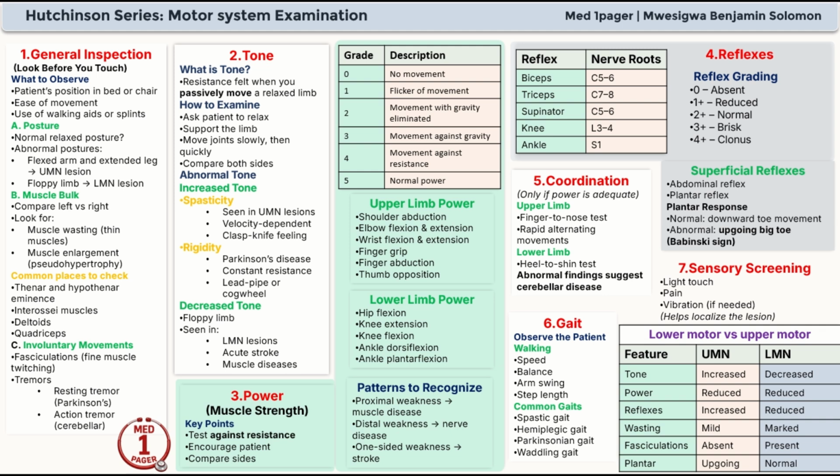This is because the motor exam is closely associated with the nervous system, and understanding the relationship between the upper motor neurons, the lower motor neurons, and different conditions and diseases is very difficult in fields like neurology. But when you understand the theories behind it, it becomes easier to understand and remember, and things make more sense.